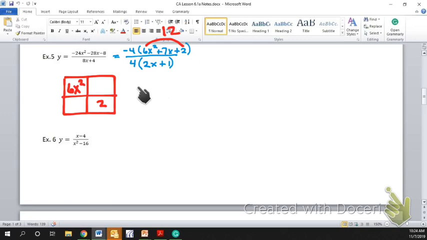I know now what goes in these 2 boxes will be whatever multiplies to give me 12 but adds to give me 7. What will multiply to give me 12 and add to give me 7? 3x and 4x. Everything's positive, so that's nice. Let's see, so that would give me a 3x here, 4x here.